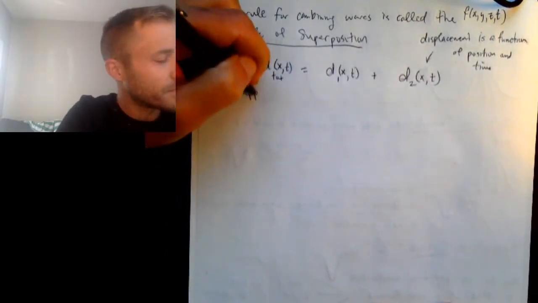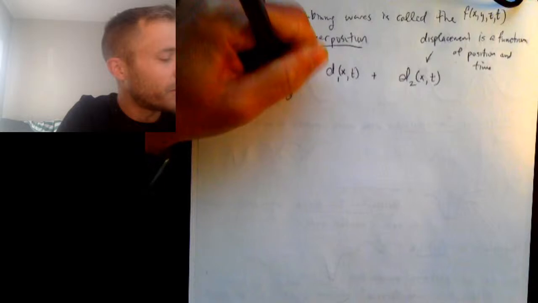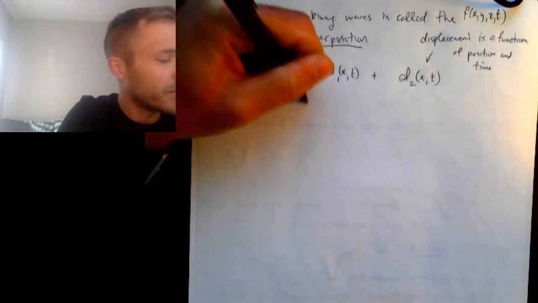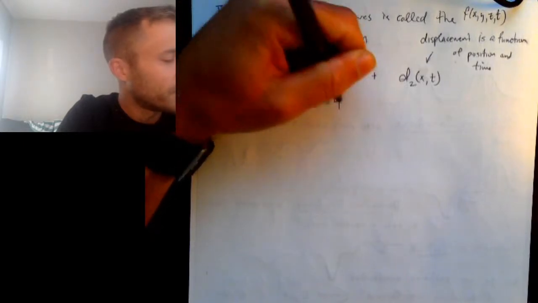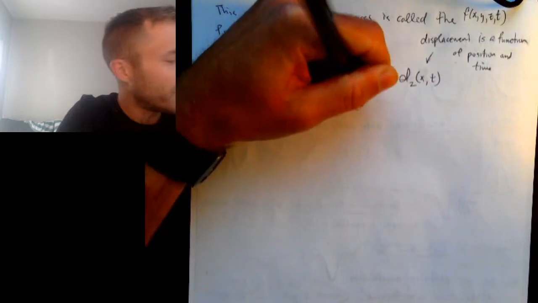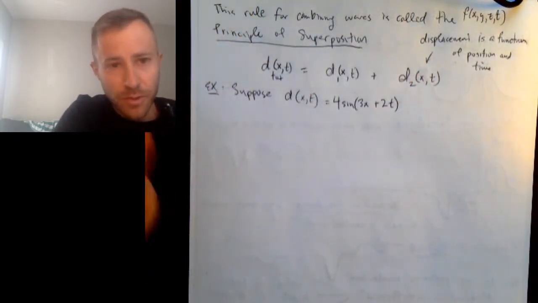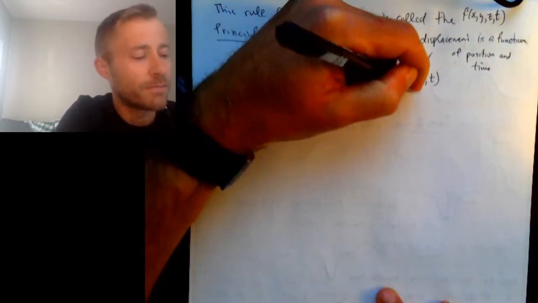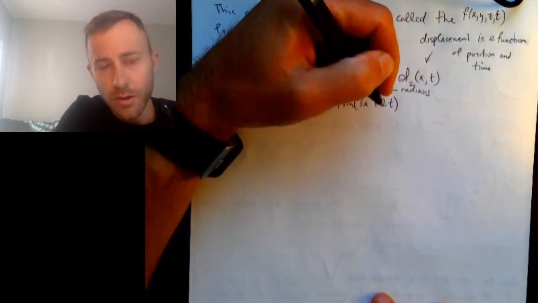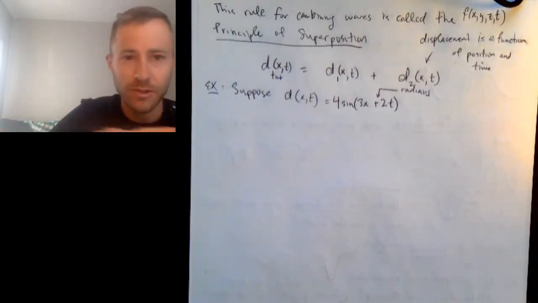Suppose that the displacement of a wave as a function of position and time is equal to 4 sine of 3x plus 2t. For this lesson, this is one of the few lessons in this class where we are going to put our calculator in radians mode. In the quiz for today, make sure you read the entire text of the quiz.